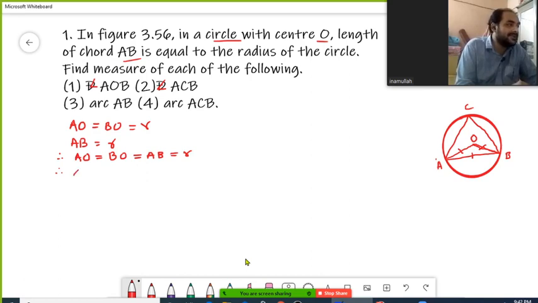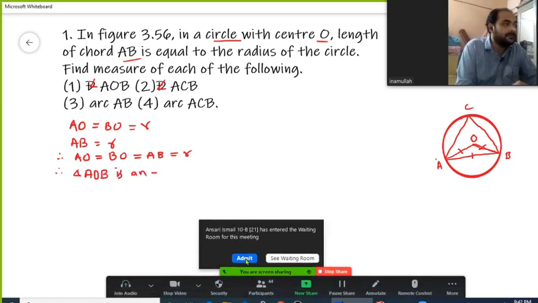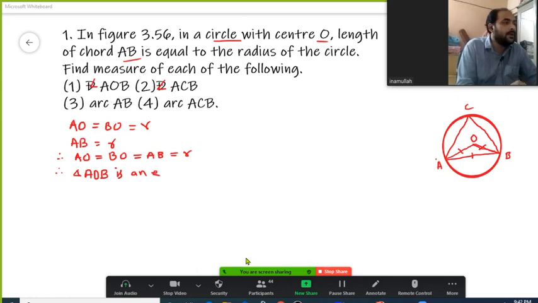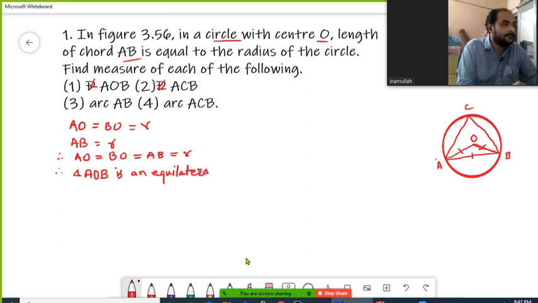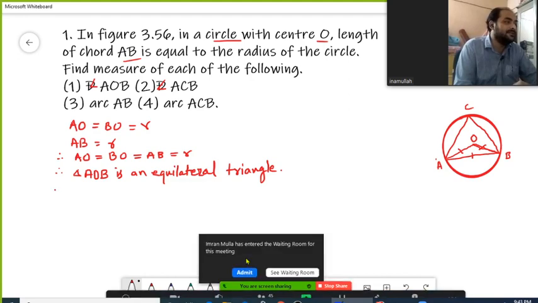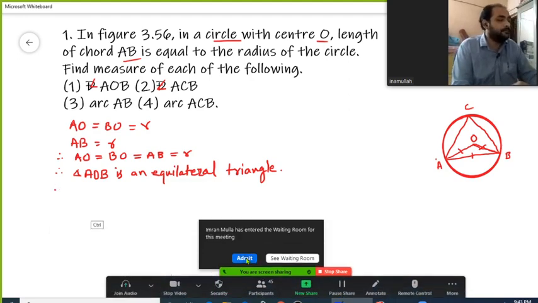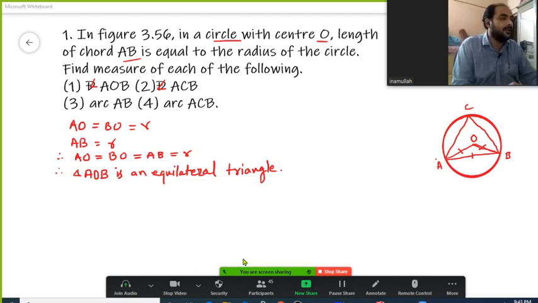So I can say triangle AOB is an equilateral triangle. If it is an equilateral triangle, then all three angles of this triangle should be 60°. This is a basic property of an equilateral triangle.